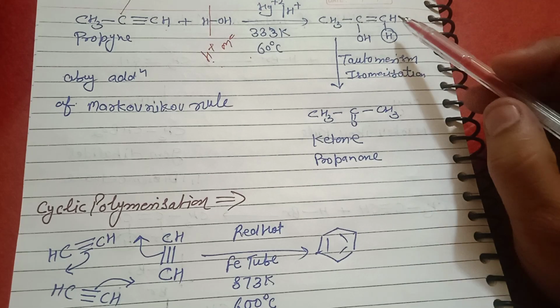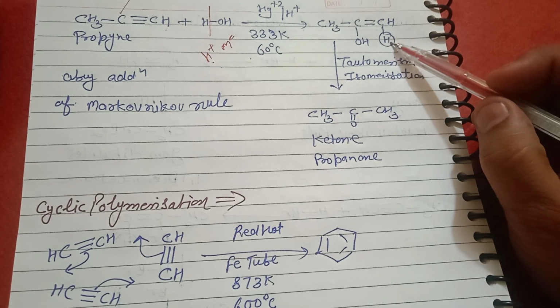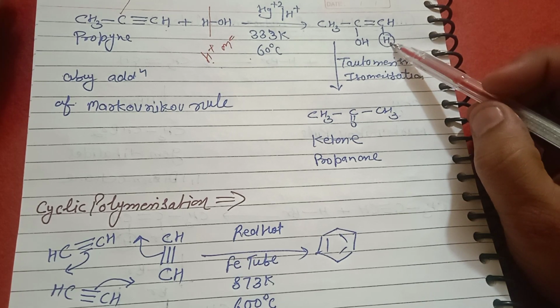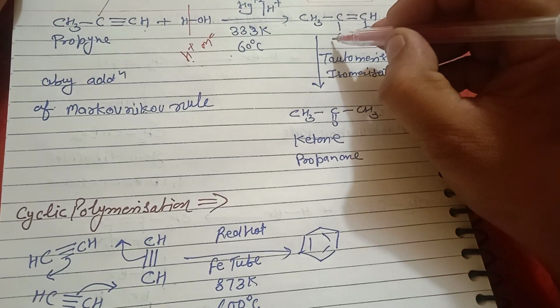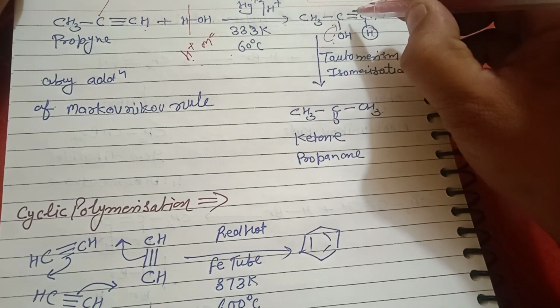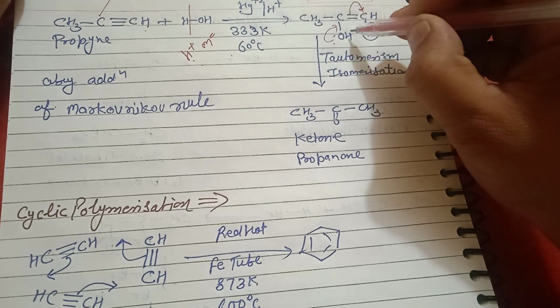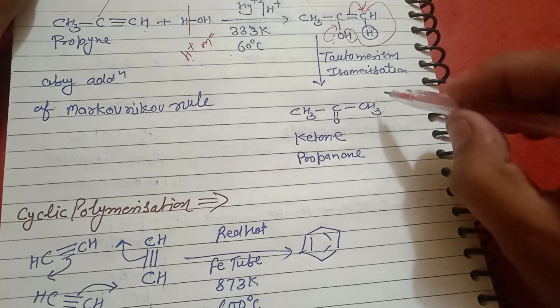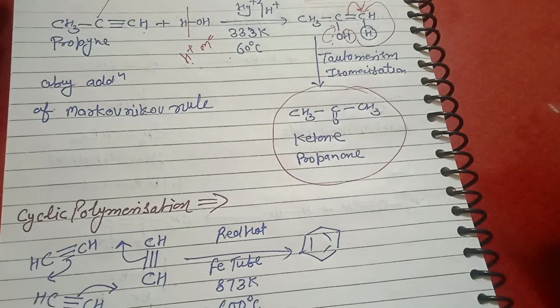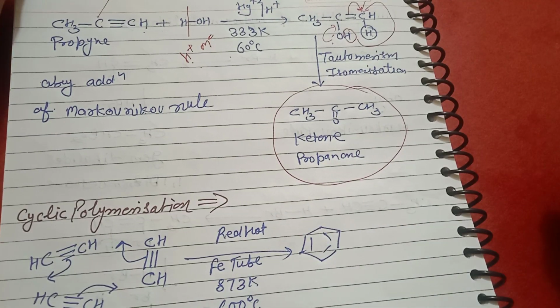Due to formation of this type of alkene, it is the enol form. So due to tautomerization, this lone pair moves here and this pi electron moves here, so H positive goes here. It forms ketone. Ketone formation.